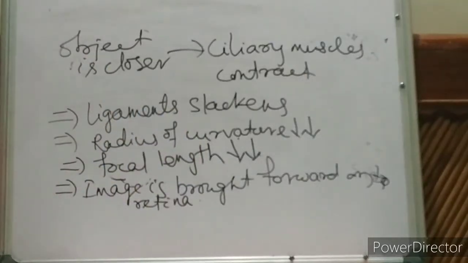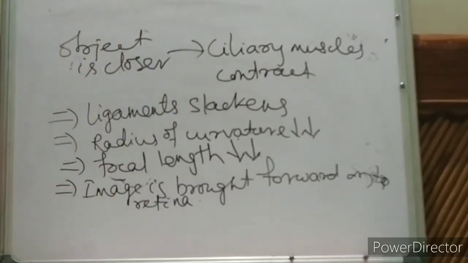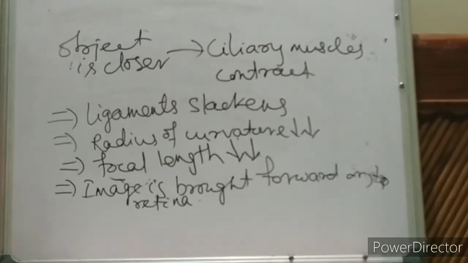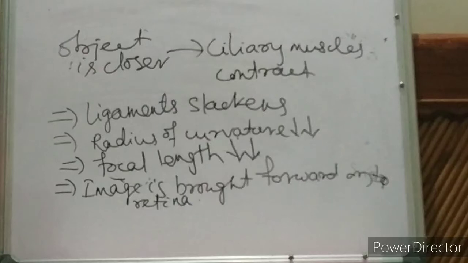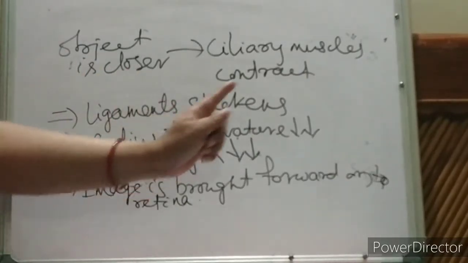What is happening? How is the eye functioning? When the object is at far off places, that is your normal distant vision, eye muscles are relaxed and you get a proper, inverted image formed on the retina. But when the object is getting closer, the image is formed behind the retina.